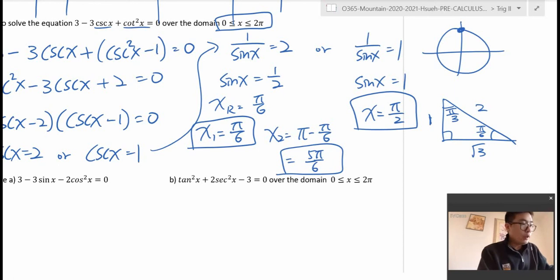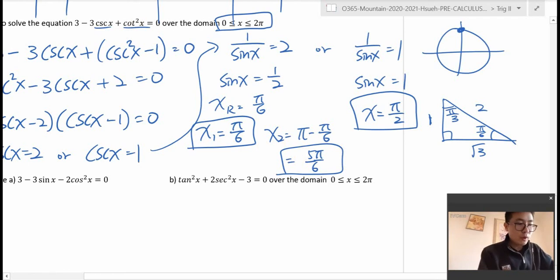Now you can always check for restrictions. Well, I mean you should anyways. We have cosecant, and cosecant is 1 over sine x, so sine x cannot equal 0. Sine x is not going to be equal to 0 in any of these three cases, so I think we're fine.